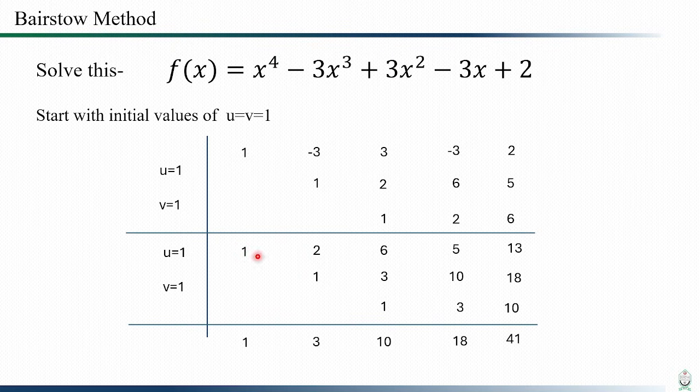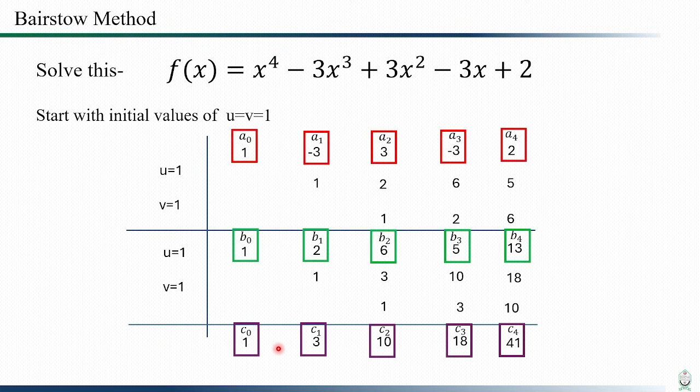These are the values of b0, b1, b2, b3, b4, and we would need to do the same thing with the coefficients of b, so that we get the values of c0, c1, c2, c3, c4. So we have done our part, which basically says that we have calculated these things.